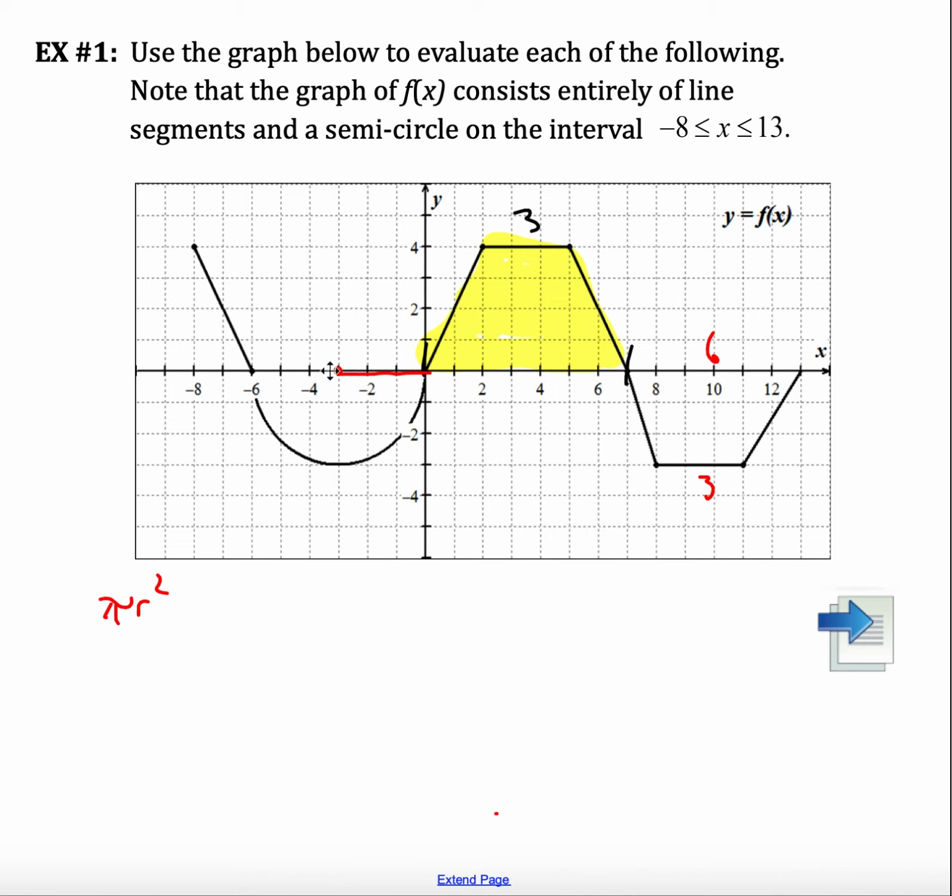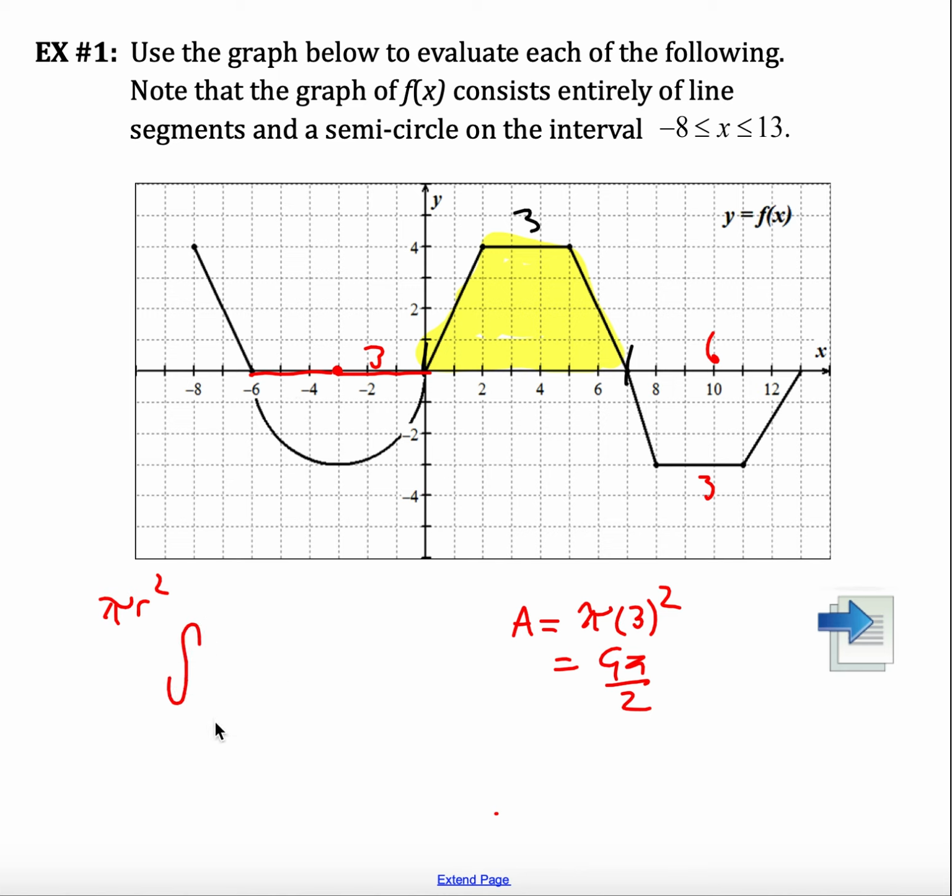And I located my radius here, which goes from negative 3 to 0, or 3. All right, so the area of this circle is going to be equal to pi r squared, or 9 pi. But since we only have half of that, we're going to have to divide that by 2, okay? So it is 9 pi over 2.